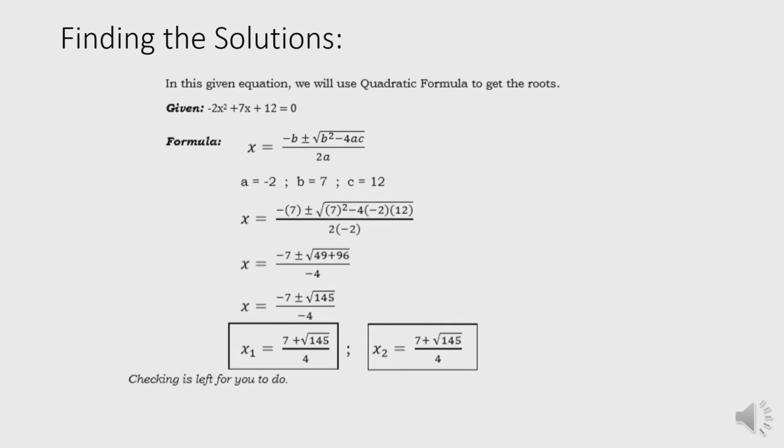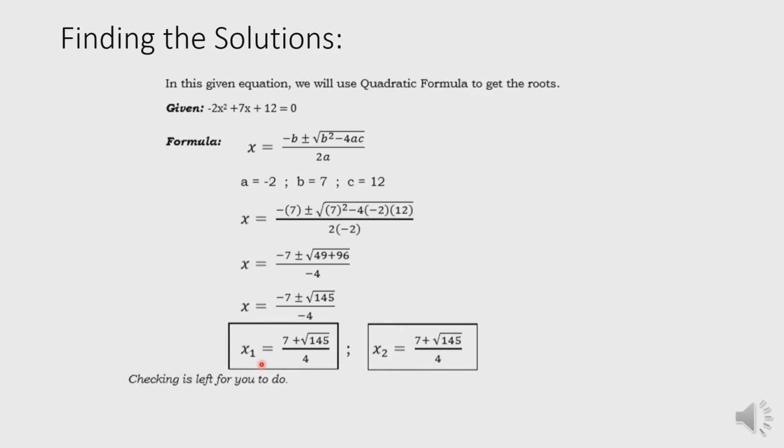So we already determined the value of a, negative 2, b, which is 7, and c is 12. From there, we just substitute into the quadratic formula here. After substituting the values of a, b, and c to the formula, you get the value of x sub 1.